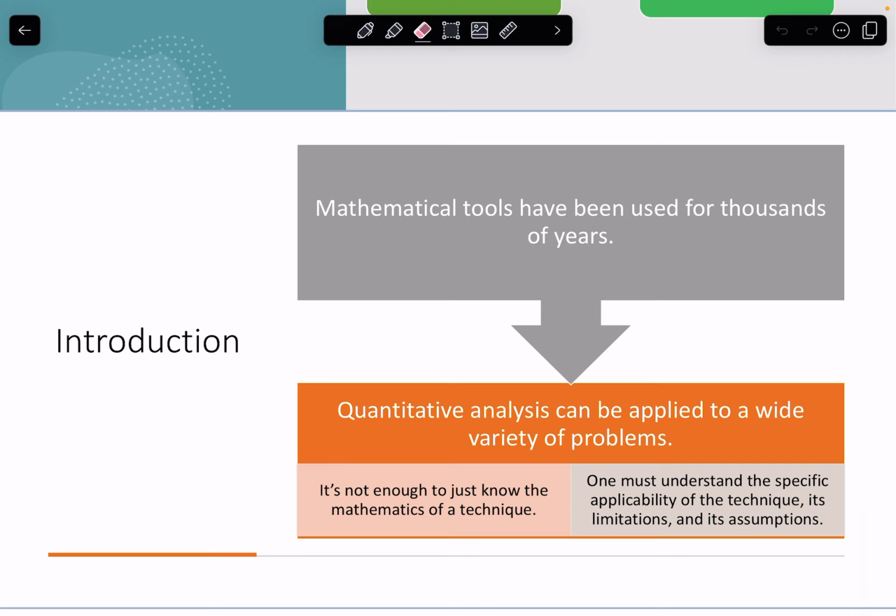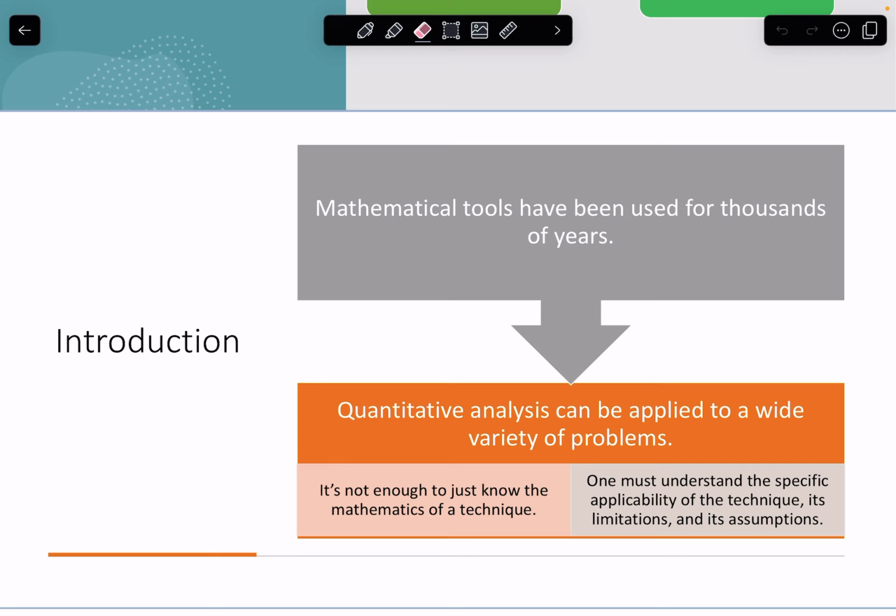In engineering management, or even in engineering as a whole, there are different systems that can be represented through a mathematical model. This mathematical model gives us an idea of how a certain system works.